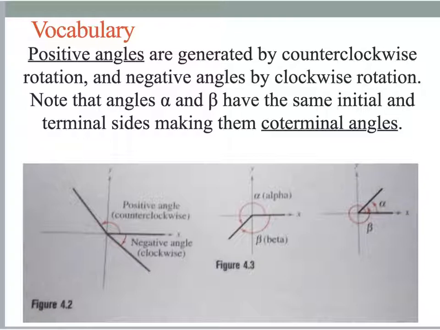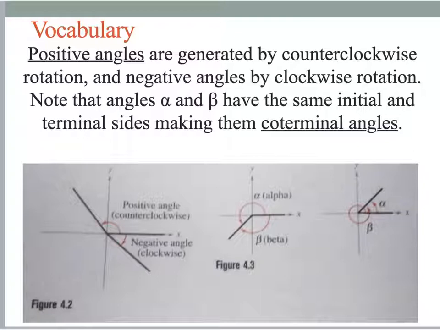We know the positive x-axis is the initial side, so when it goes counterclockwise, it becomes a positive angle, and if we go clockwise, it makes it negative. Going clockwise is actually opposite of what we might think, because on a regular clock, time goes in that direction and time is positive. However, when we talk about angles and degrees, in this case it would be negative angles.